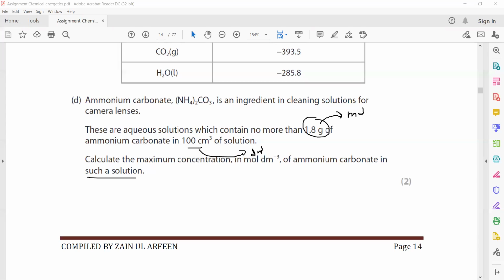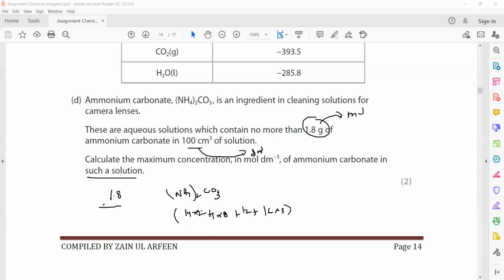So 1.8 is the mass in gram, divided by the molar mass of ammonium carbonate, that is (NH4)2CO3. So nitrogen is 14 times 2 plus hydrogen 1 into 8 plus carbon 12 plus oxygen 16 multiplied by 3.